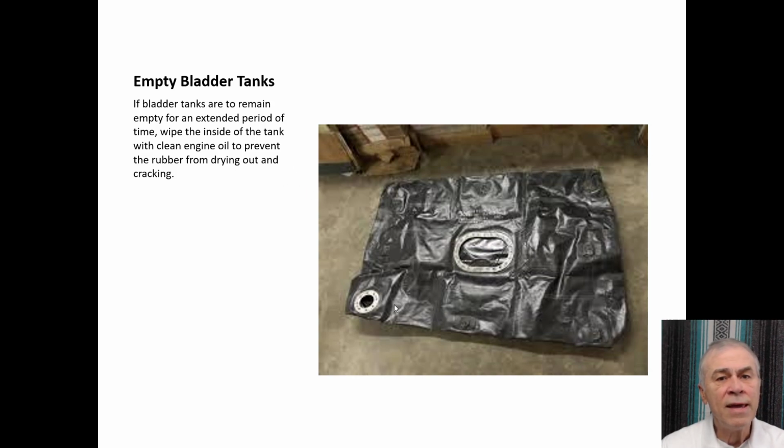Normally, once you've taken one out, you're not going to reinstall it in another aircraft, and I suppose you might have a hesitancy to throw it away right away. So you could just wipe the inside with clean engine oil if it's one of the older models and store it in some sort of plastic bag. You could fold it.